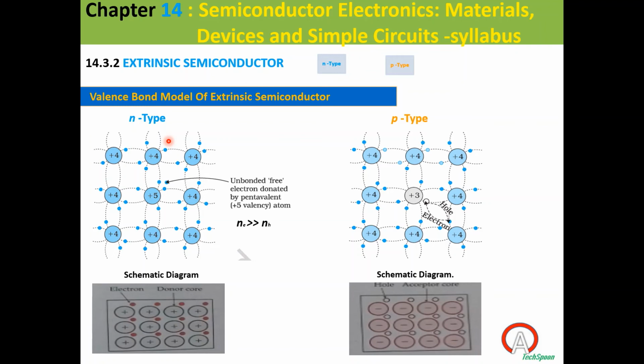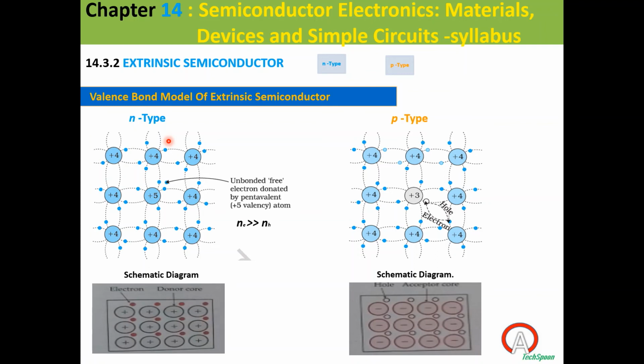Then when thermally excited, one electron jumps to another orbital, so a hole would be there in the lattice. Then the number of electrons will be 2 and holes will be 1.